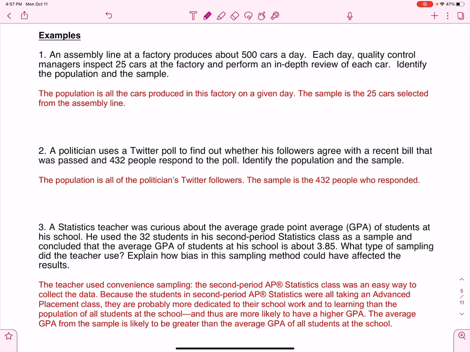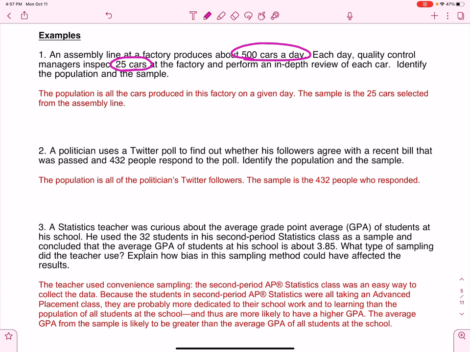As we look at these examples, the first one, we have an assembly line at a factory, and they produce 500 cars a day, and every day they take 25 cars and inspect them for quality control. So we're identifying the population and the sample.